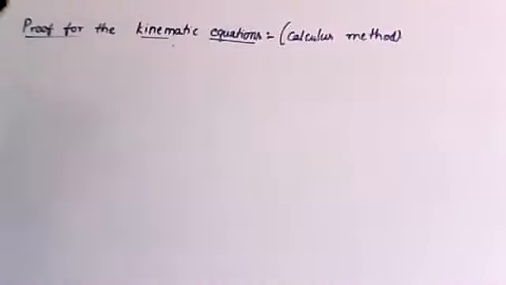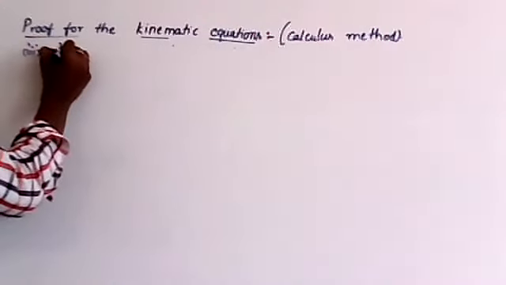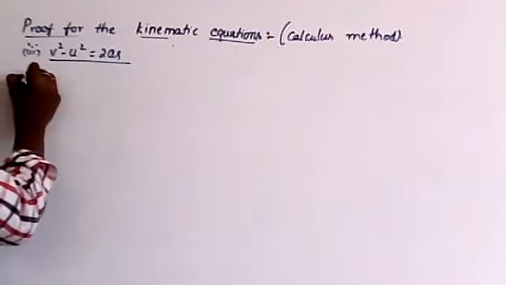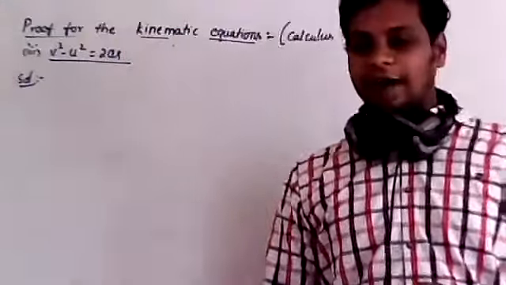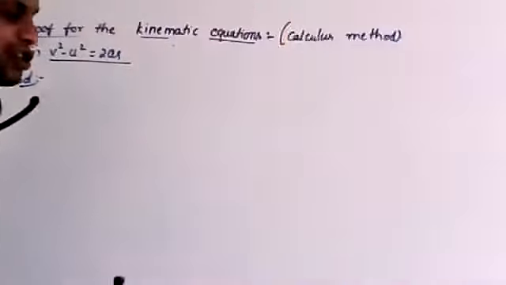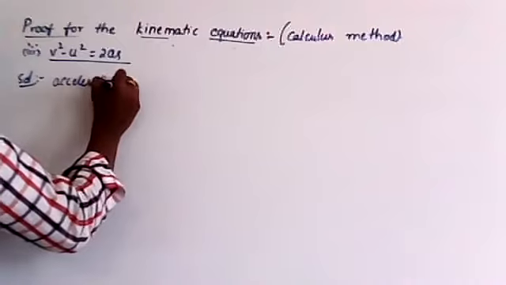Now the third relation, v square minus u square is equal to 2as. For this, I will take acceleration in chain rule. Do you remember acceleration in chain rule? Yesterday we discussed it.